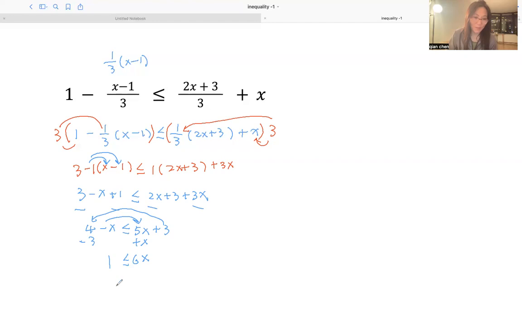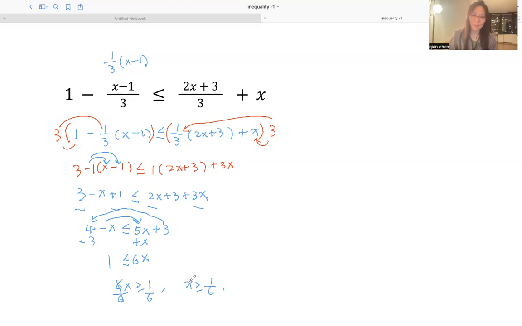But by convention, we like to write the variables on the left-hand side, so usually we write it this way. Now we divide by 6, because 6x divided by 6 gives me 1x. 6 divided by 6 is just 1x. 1x is the solution I'm looking for. So x is greater than or equal to 1/6.